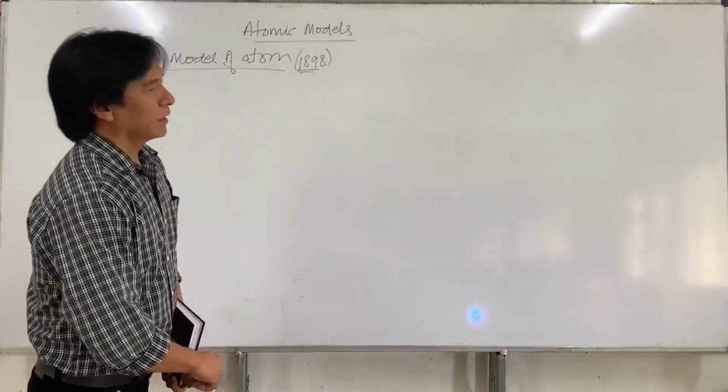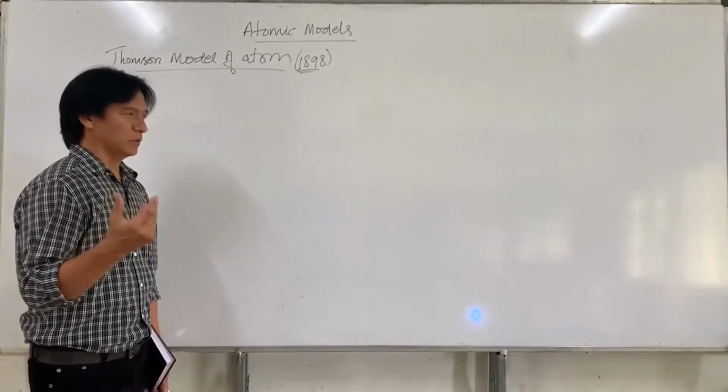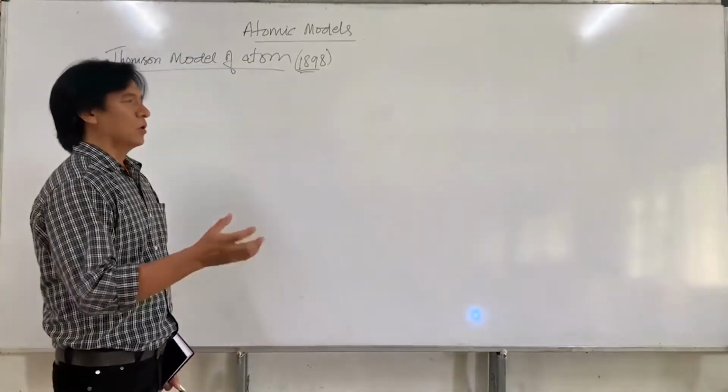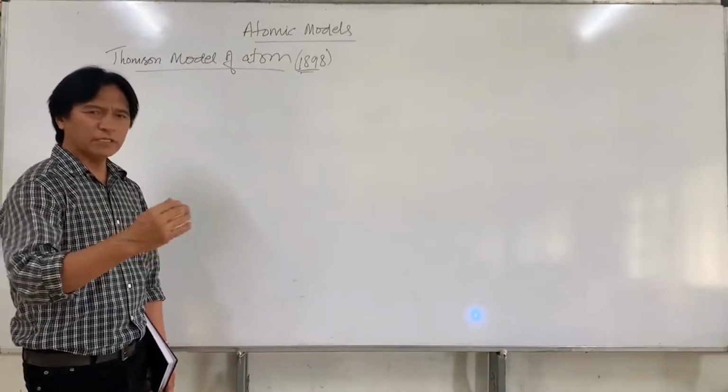That is why the Thomson model of the atom is also called the plum pudding model, or it is also called the raisin pudding.